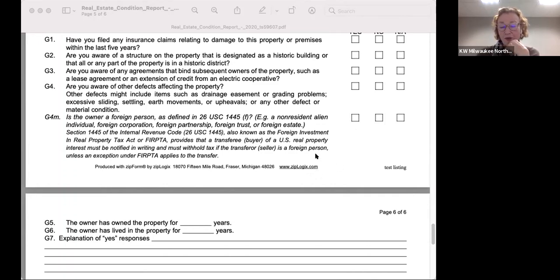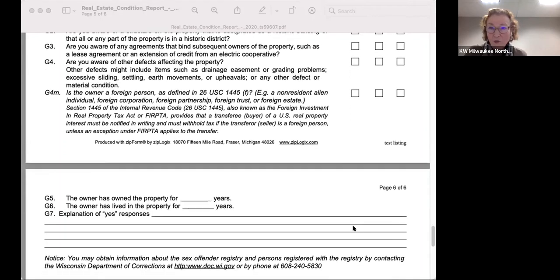So understand the FIRPTA, it's in the offer. Title will help you with that. If you are writing a property where the seller is a foreign person, you will get assistance from the title companies on what to fill out.